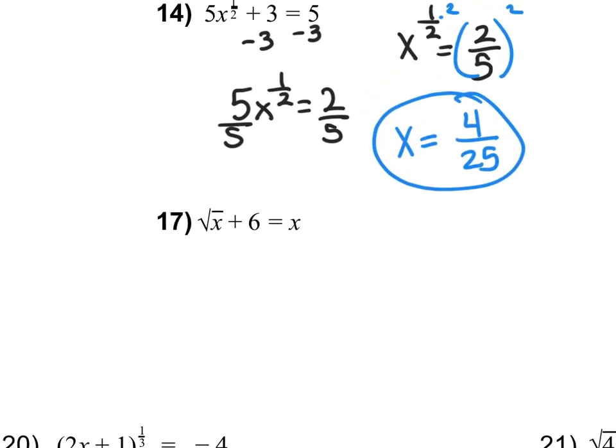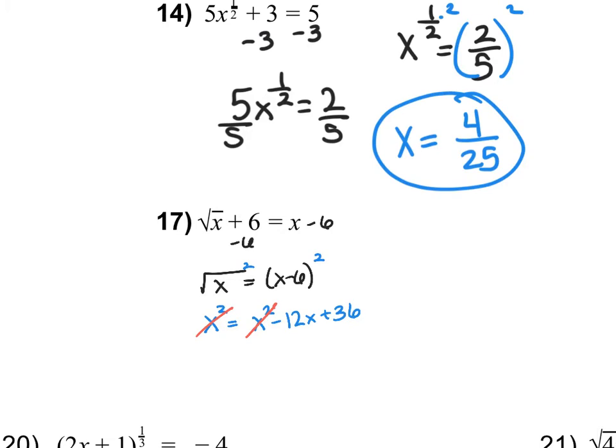For this guy, we're going to go ahead and isolate that radical. So we're going to minus 6 to this side. So we get the square root of x equals x minus 6. Now when I square both sides, don't forget to FOIL the left-hand side. Anytime we have this, we're going to try to get it equal to 0, but because we have x squareds on both sides, they cancel.